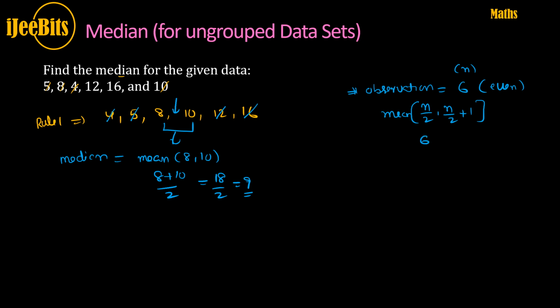So 6 by 2 and 6 by 2 plus 1, so the 3rd and 4th observations should be considered for your median. In our case, 1, 2, 3 and 4. The third observation is 8, the fourth observation is 10, and doing an average of these gives you a value, which is your median.